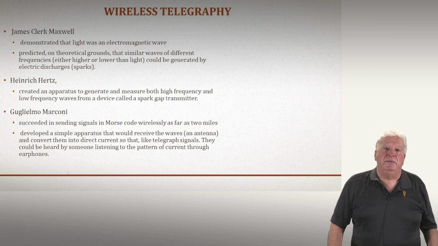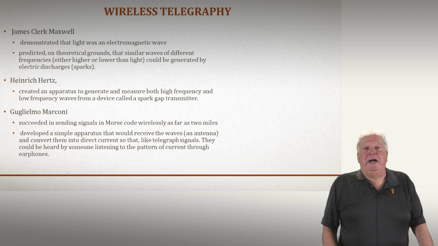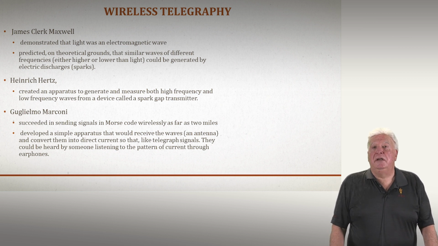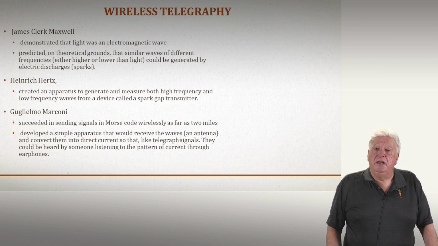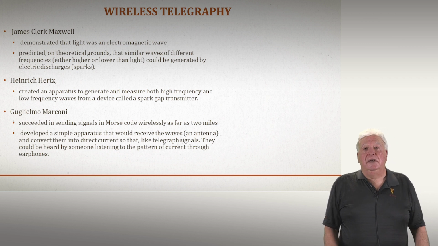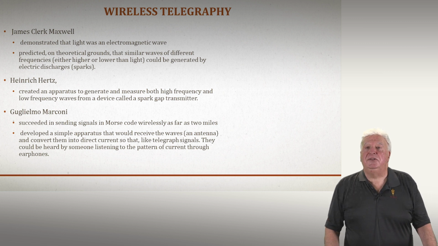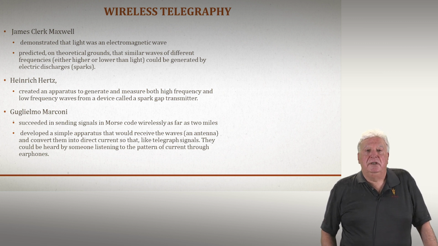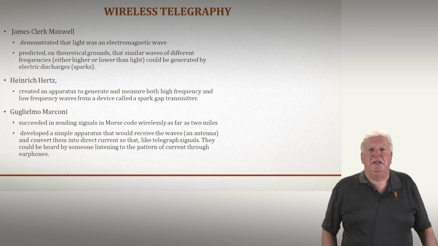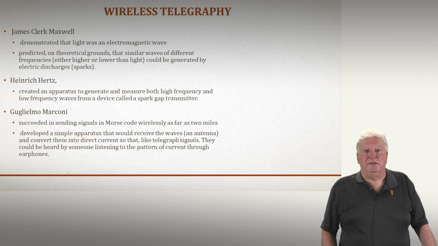Okay, so the first thing we want to talk about is wireless telegraphy. The history of modern communication technology begins not in the United States, but in the United Kingdom, Germany, and Italy. A 19th century Scottish physicist, James Clerk Maxwell, demonstrated that light was an electromagnetic wave, and he predicted on theoretical grounds that similar waves of different frequencies, either higher or lower than light, could be generated by electric discharges.